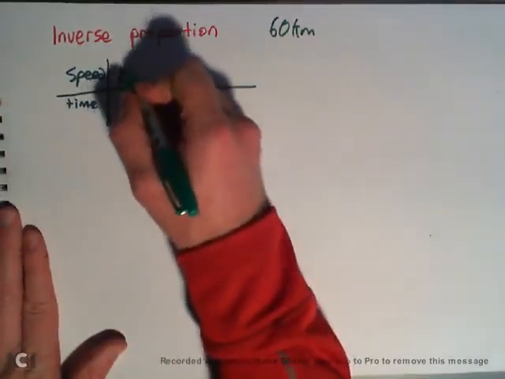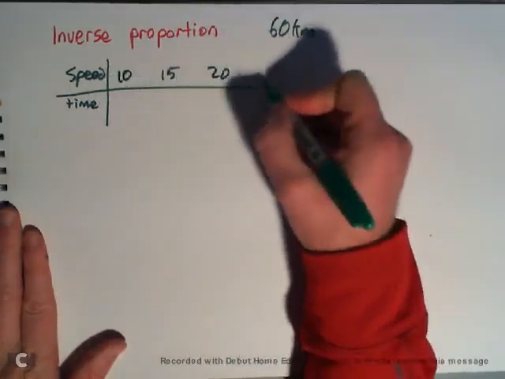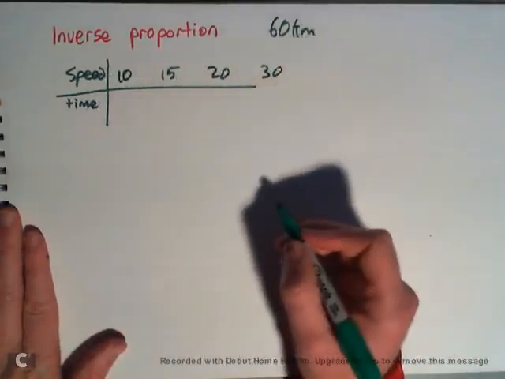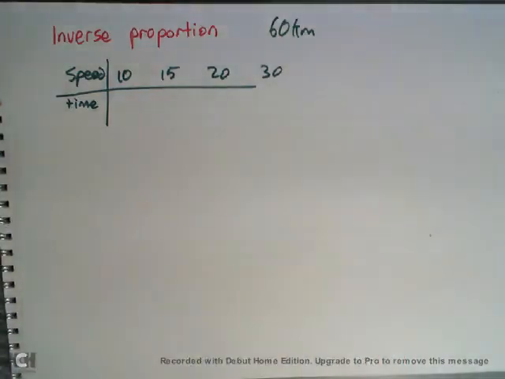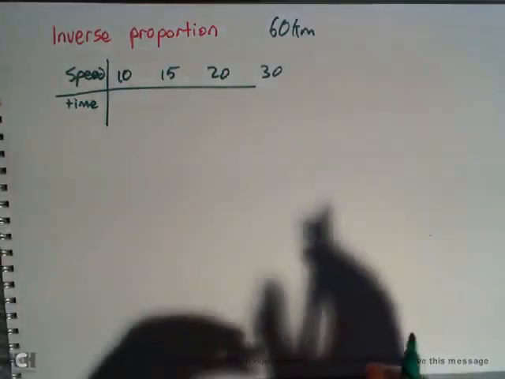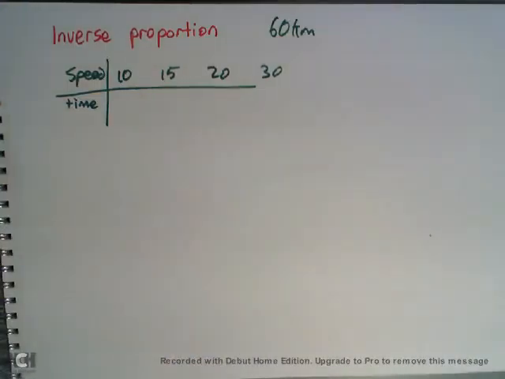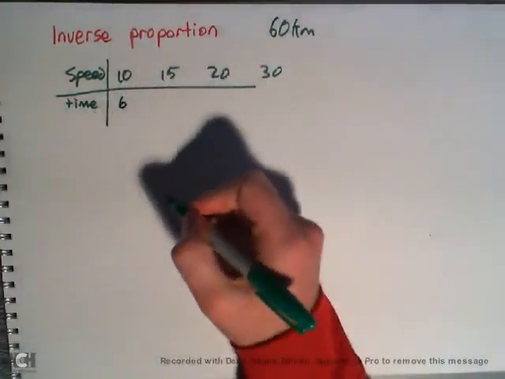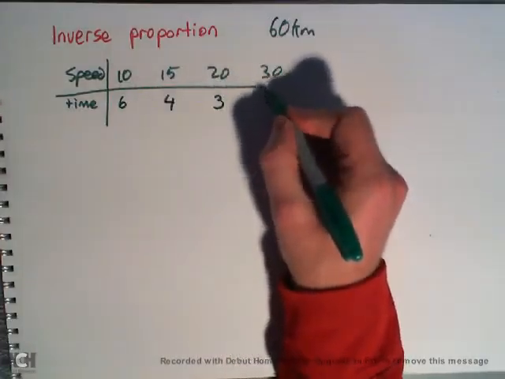We've got speeds of 10, 15, 20, 30. What happens to the time? Well, we've actually given some times, so we've got 6, 4, 3, and 2.